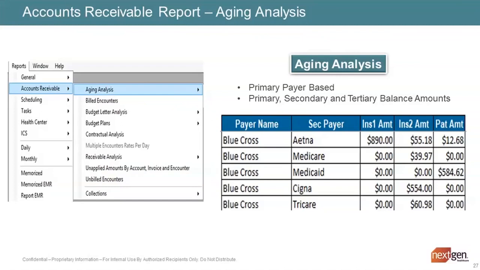So in the first line, it says Blue Cross, secondary payer says Aetna. I can see there's $890 in insurance 1, and I can see there's $55.18 that belongs to Aetna right now, and there's $12.68 that belongs in the patient.